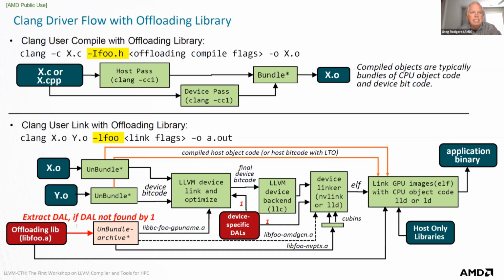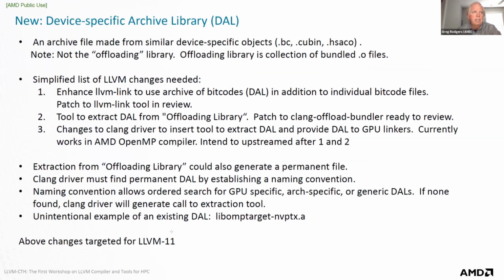The reason I say it's if necessary is that it's very possible that you may have already created a device-specific archive library. One good example would be something like libomptarget-nvptx.a. Let's go back up to the former screen here. So an offloading library, you can actually extract from it and generate a permanent file, or you can create the permanent file with other tools.